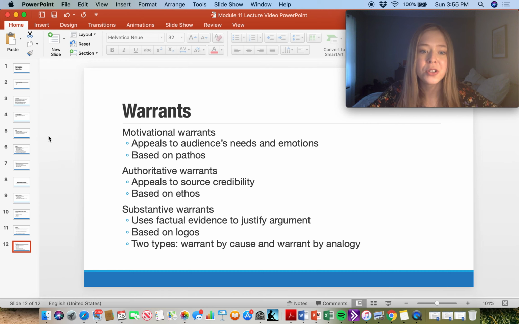You can also use an authoritative warrant, which would be appeals to your source's credibility. This is based on ethos. So let's say, again, my claim is that the Earth, which would be a claim of fact, but the Earth is going to die in 12 years due to climate change.